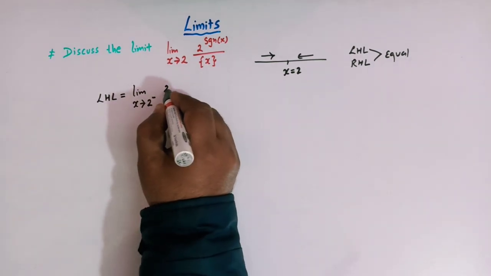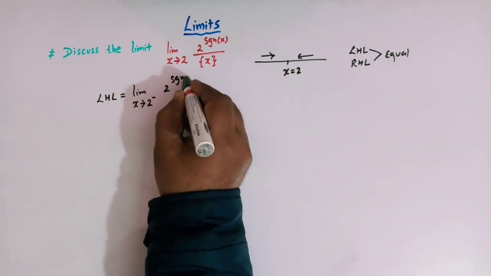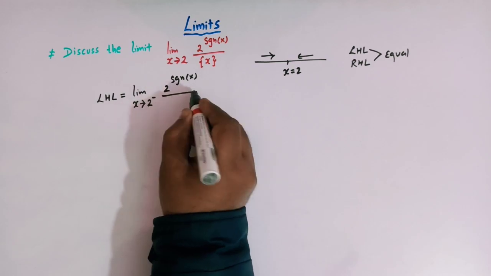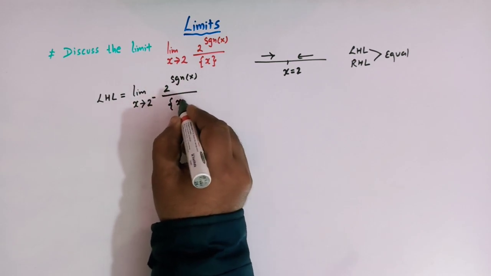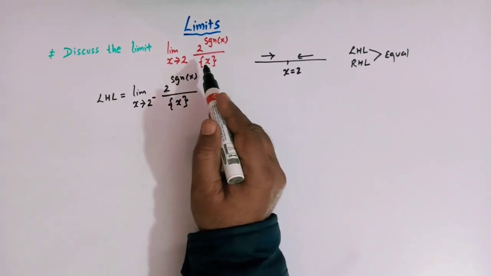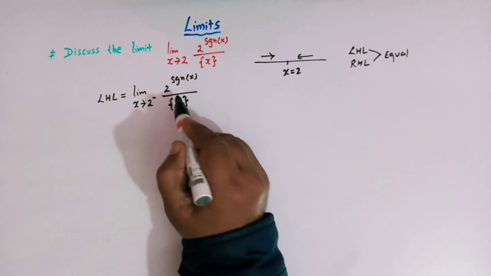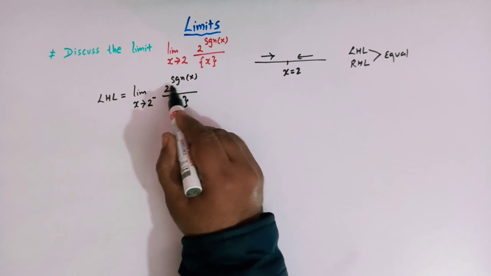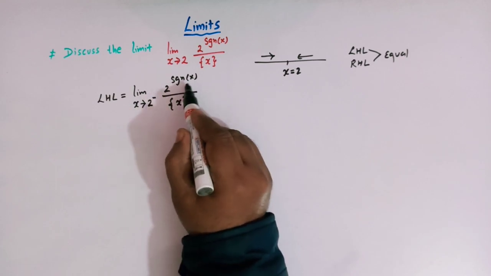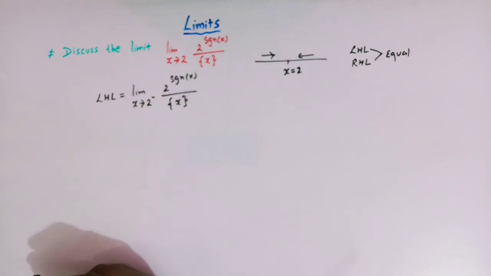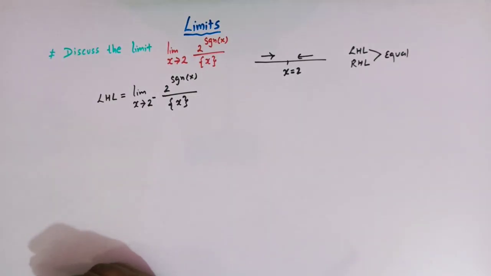Here we have 2 raised to signum of x, and in the denominator the fractional part of x. It is important to note that two important functions are involved: the signum function and the fractional part function.